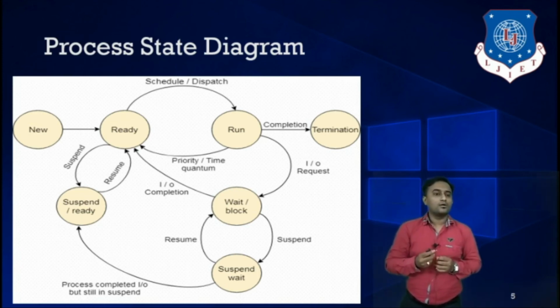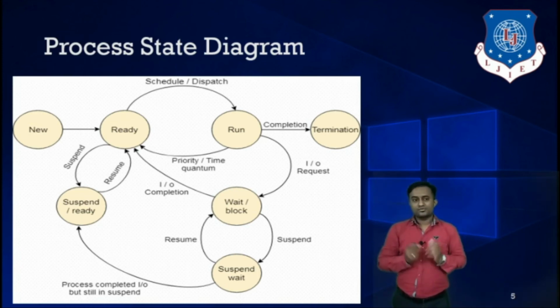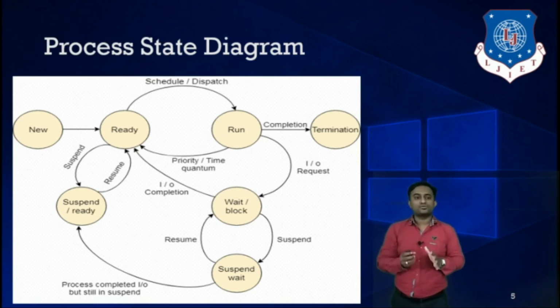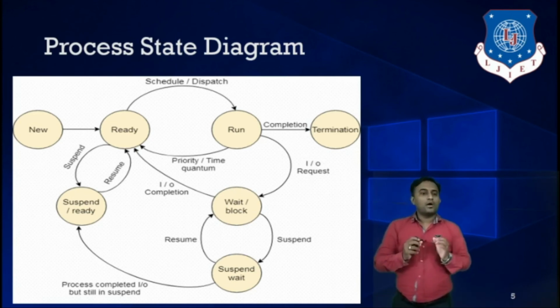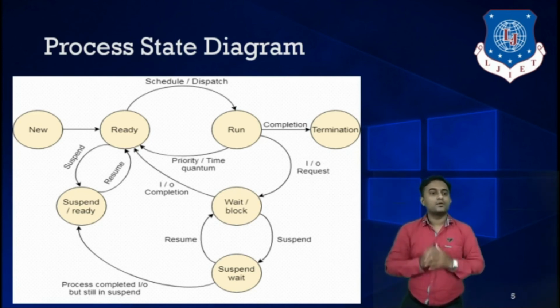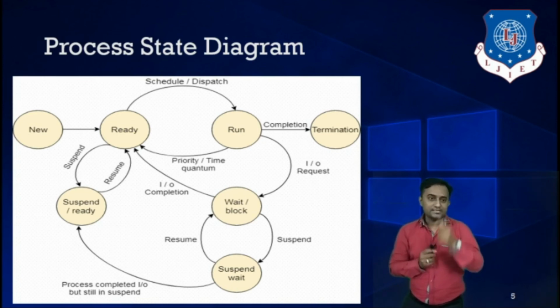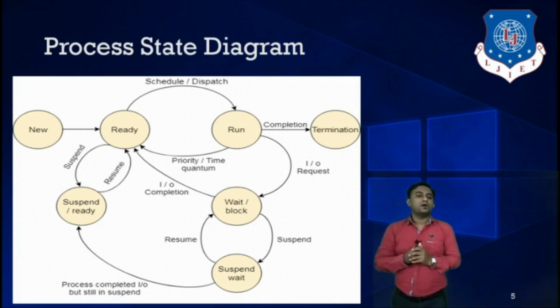Suppose for example you have 10 processes available in the ready queue and they are ready for execution, and out of 10 processes, 10 processes require IO devices, and the waiting state, or we can say block state, can contain only 9 processes for its execution for IO.